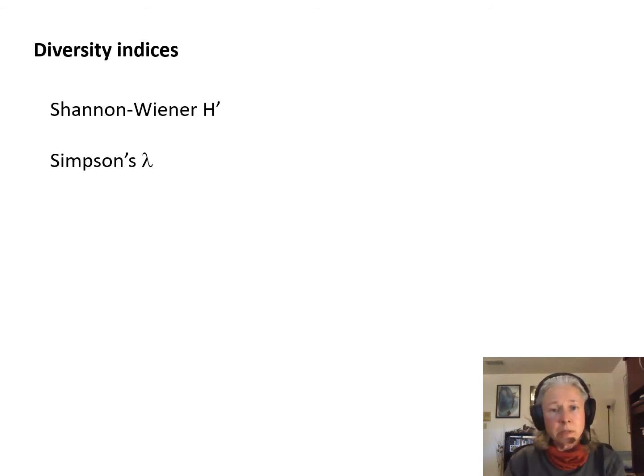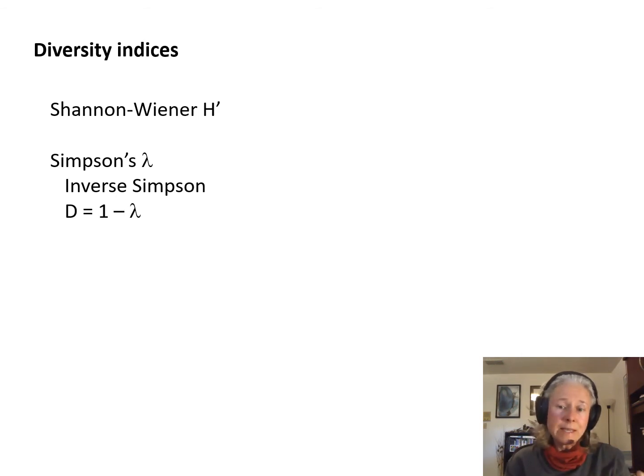So there's also the Simpson's index, lambda, and because it has a contrary behavior in that low values indicate high diversity, it's usually manipulated into different forms like the inverse Simpson or into the D index. And this D index is what BiodiversityR and vegan mean when they say Simpson's diversity index.